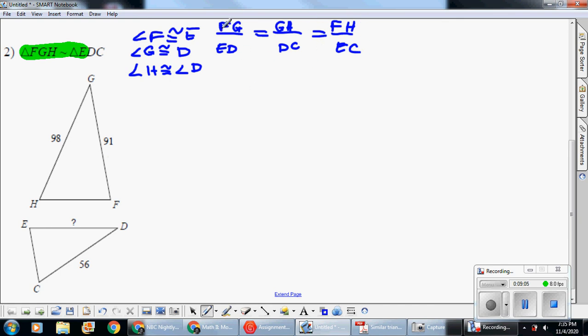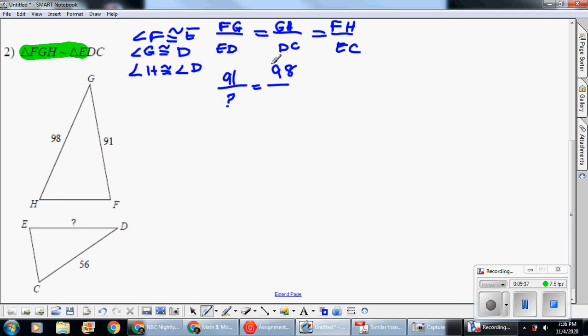Okay, now what is the length of segment FG? FG is 91. Now what is the length of ED? ED is question mark. Now what is the length of segment GH? GH is 98.